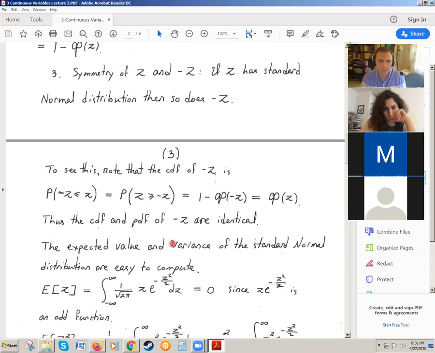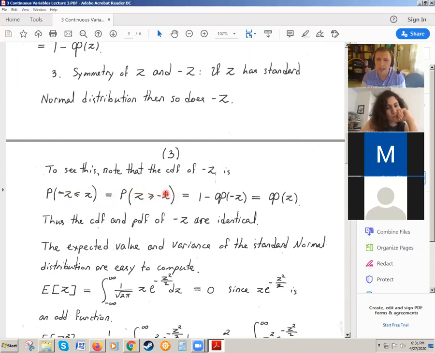We can simply see that as follows. The probability that minus capital Z is less than or equal to z is the same as the probability that capital Z is bigger than or equal to minus z. I just multiply by minus 1 and change signs.